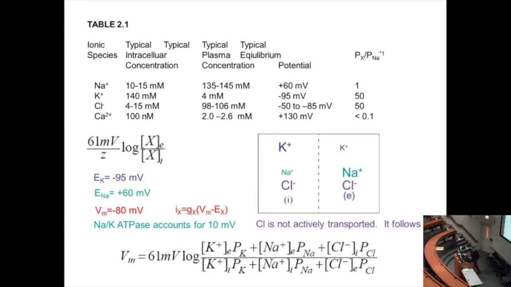All right. Chloride is not actively transported, but it follows the membrane voltage. So there's no sodium-potassium pump for chloride. So you have the sodium-potassium pump. It establishes a gradient for sodium and potassium, and that is used to generate a membrane voltage. What happens with chloride is that it flows across the membrane in response to that generated voltage.